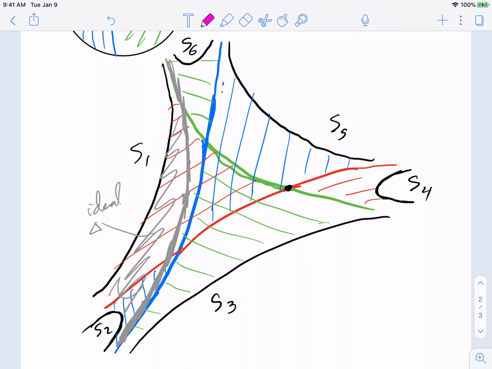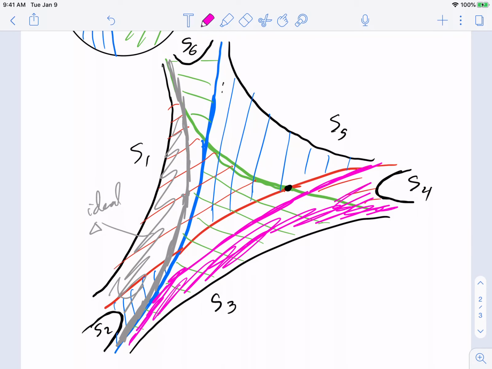So I'm going to break my hexagon into ideal triangles. So for instance, what's another one? So between S3 and S4, I have another ideal triangle. And notice that this pink edge is also asymptotic to the gray edge.